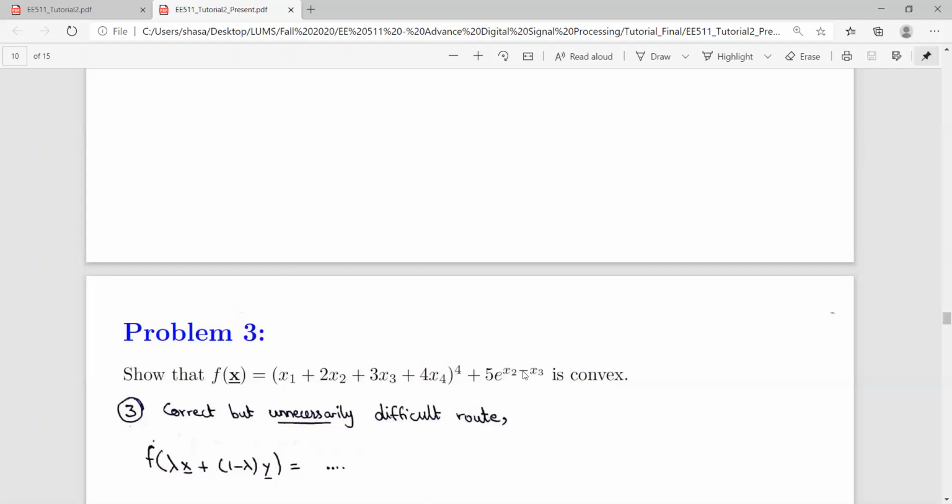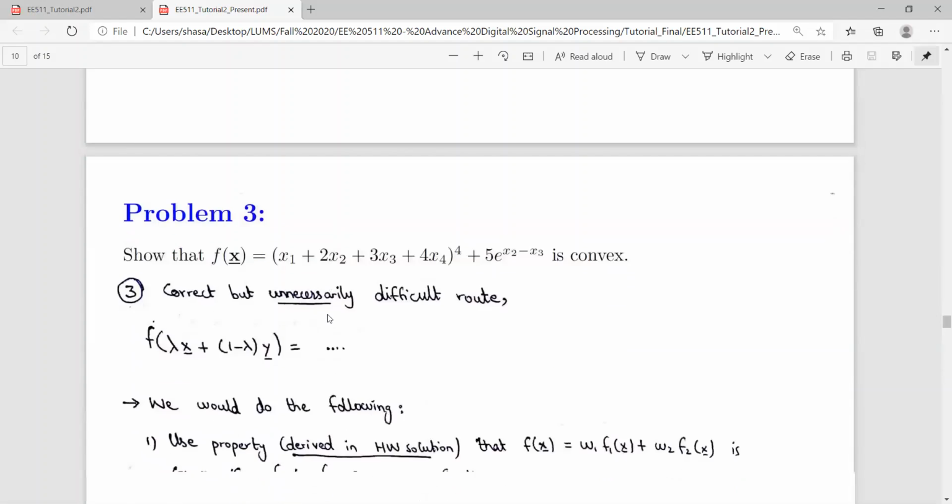But then what remains is showing that I can replace z1 with this whole expression, and the convexity still holds. This is something I need to prove.